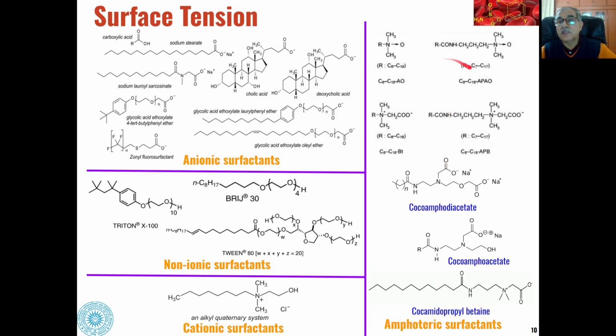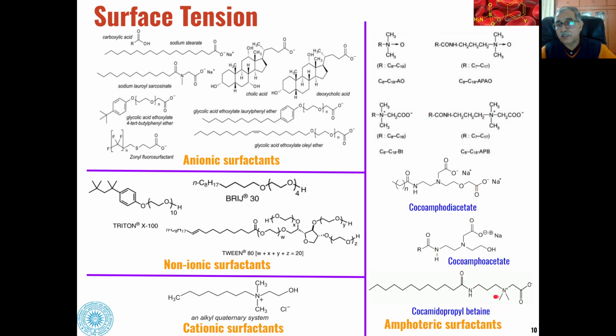And then these are the examples of amphoteric surfactants. They have both types of functional groups present, which may be non-ionic and ionic also, cationic also. All types of functional groups are present.